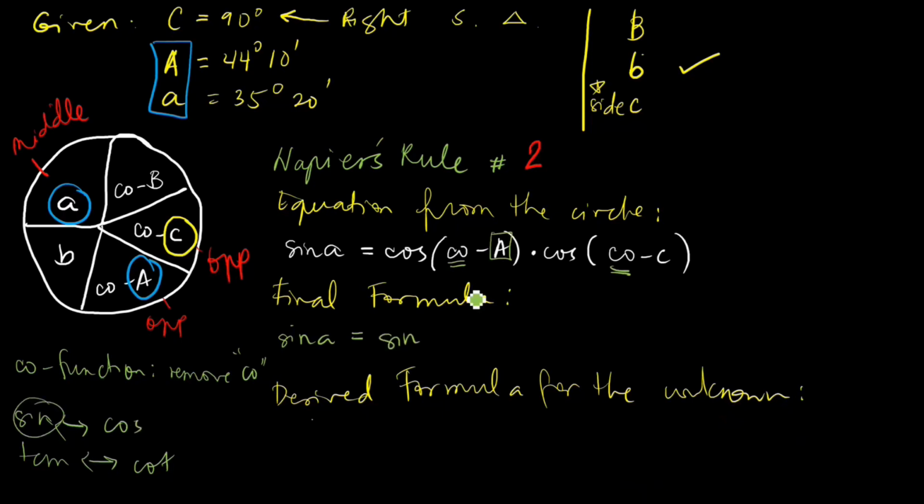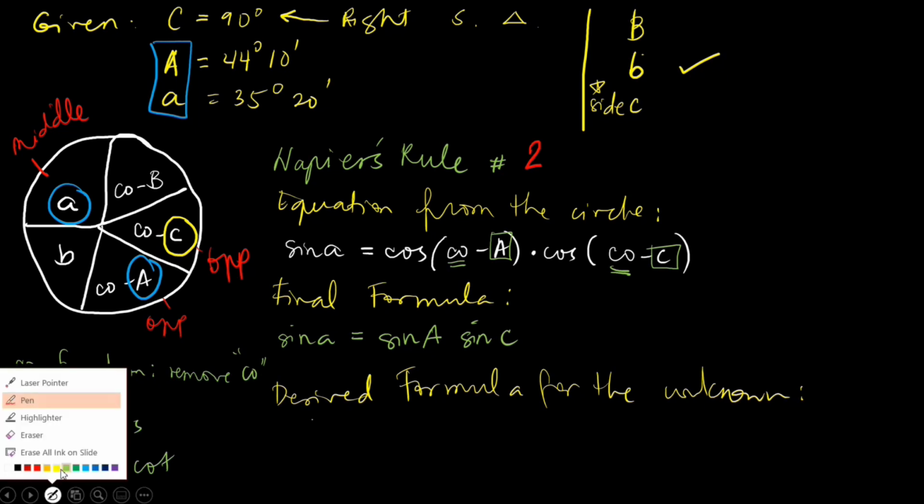Sine of the part, that is angle A. Same with complement of C. Remove co, replace cosine with sine too. So sine of side C. That's it.